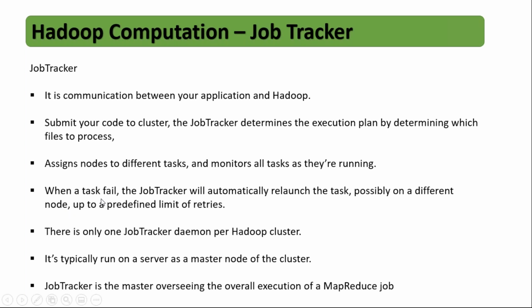So when a task fails, the job tracker will automatically relaunch the task, possibly on a different node, after attempting a predefined limit of retries. It will try to reattempt the failed task tracker.